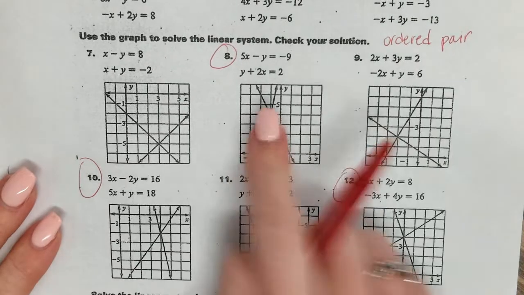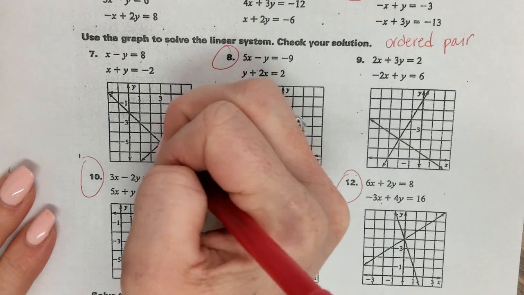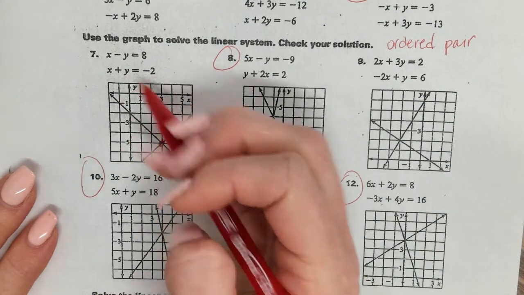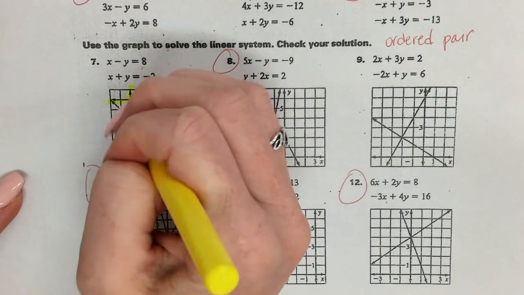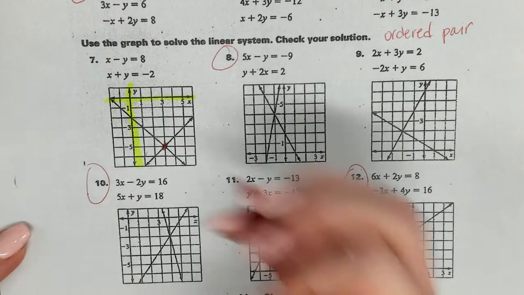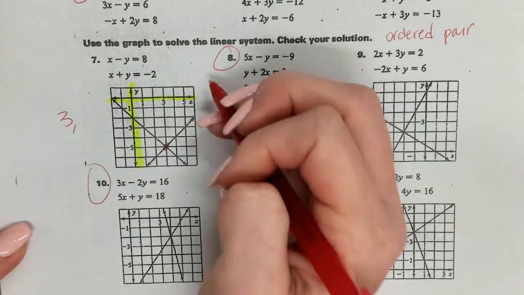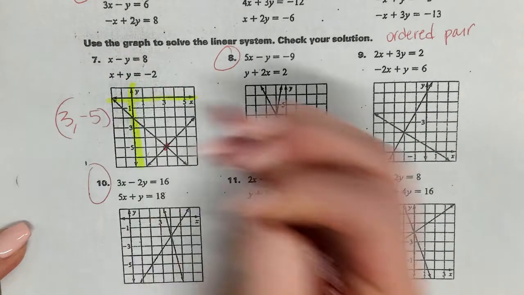I mean, literally, that's your answer right here. So for example, on number 7, my answer would be, here's my x-axis, here's my y-axis. On the x-axis, I'm at 3, negative 5. That would be my answer.